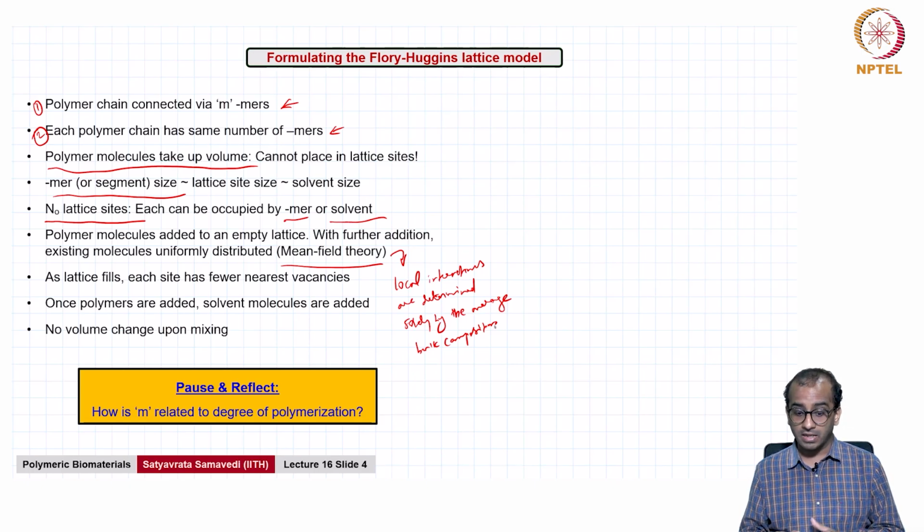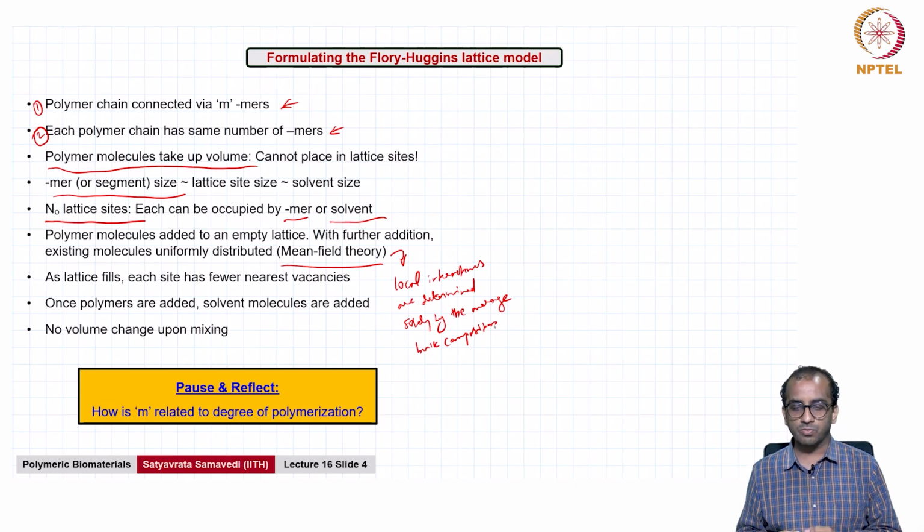We are considering that local interactions are solely determined by the average bulk composition, that is what is called the mean field theory.